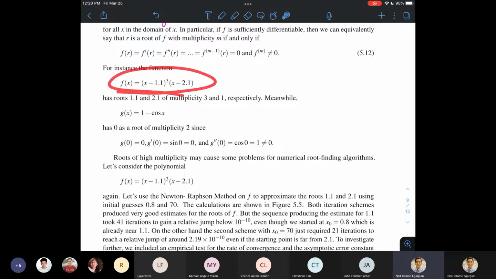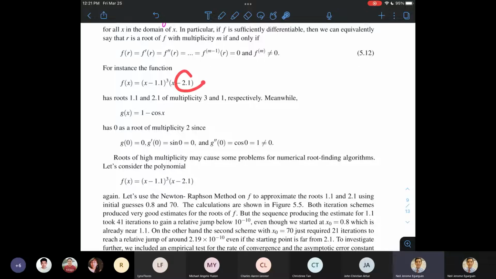We have the function f here, (x minus 1.1) raised to the third times (x minus 2.1). So here we have two roots, obviously, kasi naka-factor na siya, madaling i-deduce yung roots. First one is 1.1 because x minus 1.1 is a factor. And since it is a factor thrice, then we can say that 1.1 is of multiplicity 3.